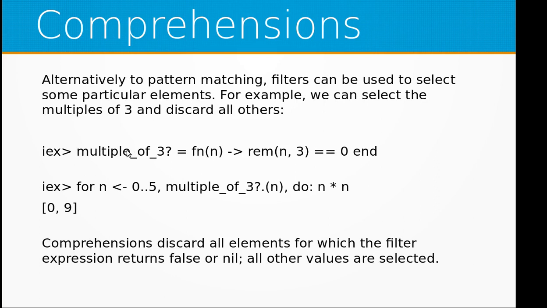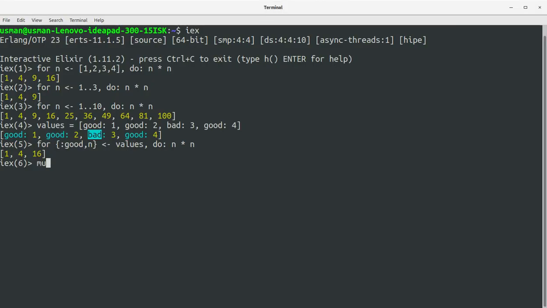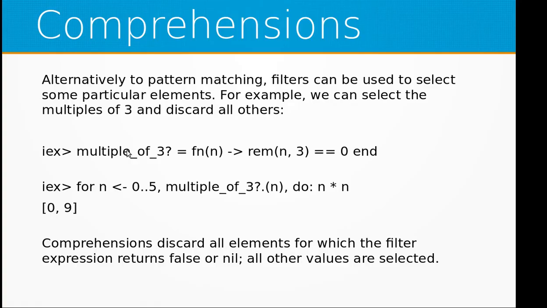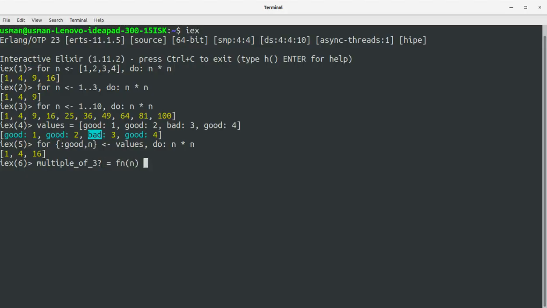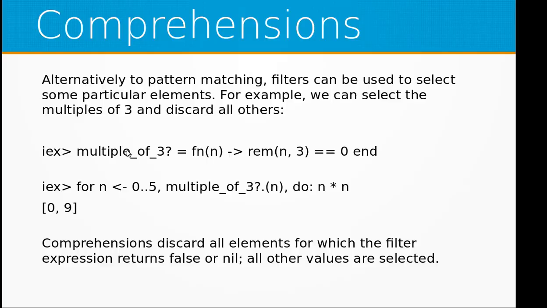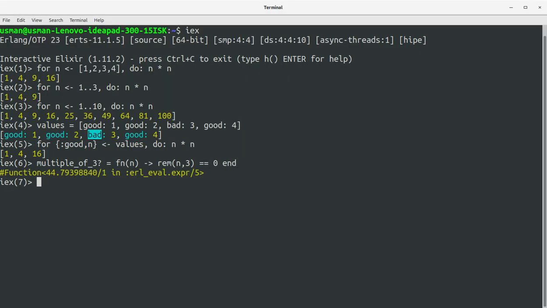Alternatively to pattern matching, filters can be used to select some particular elements. For example, we can select the multiples of 3 and discard all others. So I can write multiple_of_3 equals fn n -> rem(n, 3) == 0 end.